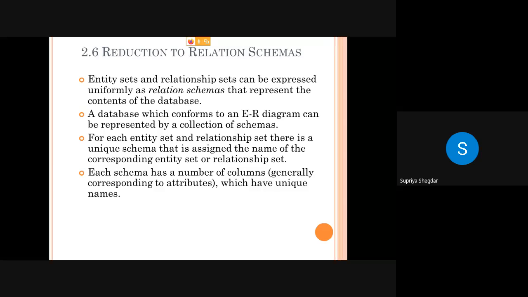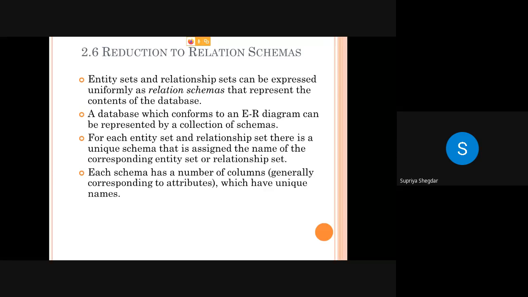Means, suppose in our ER diagram, we have drawn one entity set, consider employee, and the relationship set, consider employee department. Okay, so it is the relationship set. Then we can convert that entity set and the relationship set into a unique schema, and we can give the name of the entity set to the name of that schema or to the name of that table.